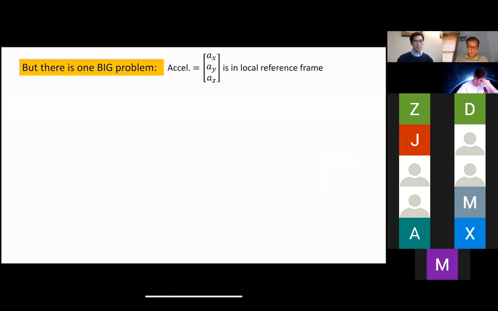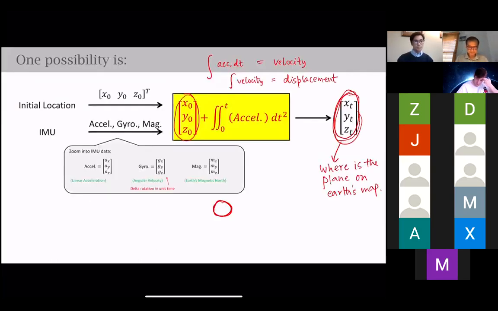We talked about this last class, I think. If I just take the initial location and then double integrate the accelerometer, I should be able to get the current location of the plane's coordinate, XYZ coordinates. Why doesn't that work?